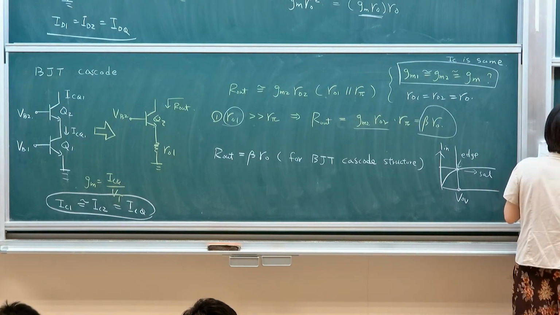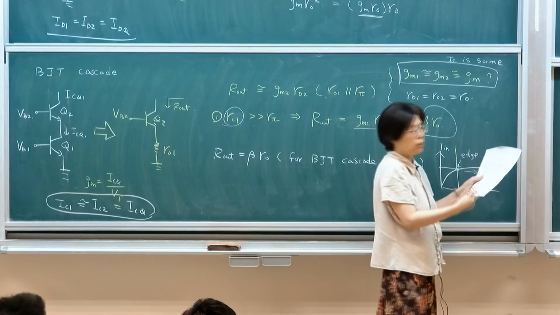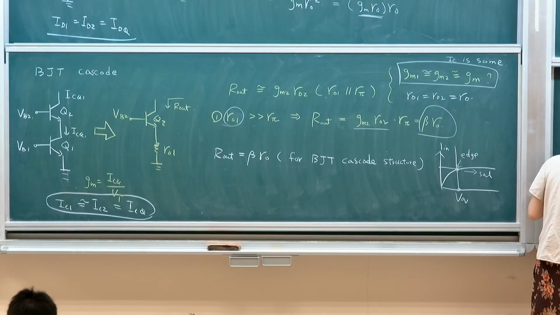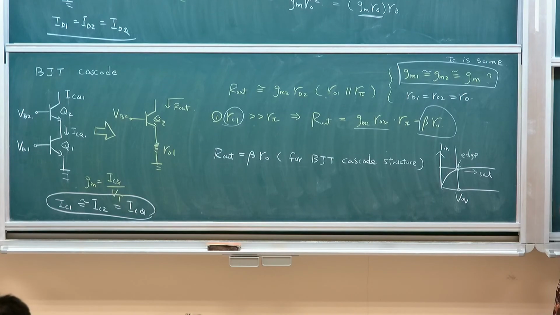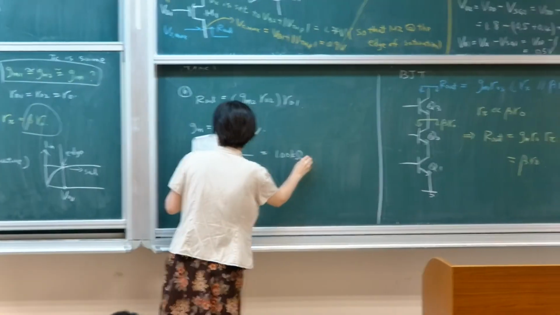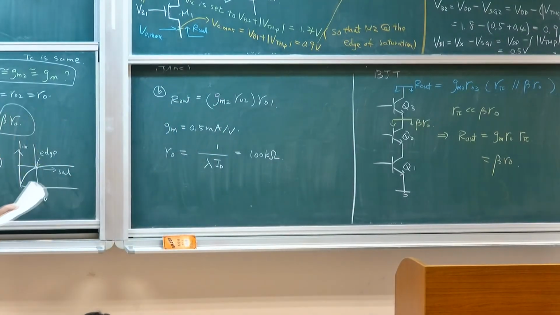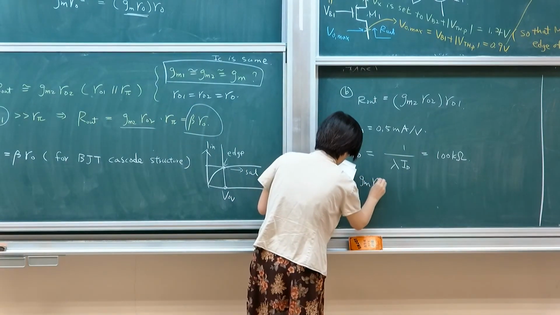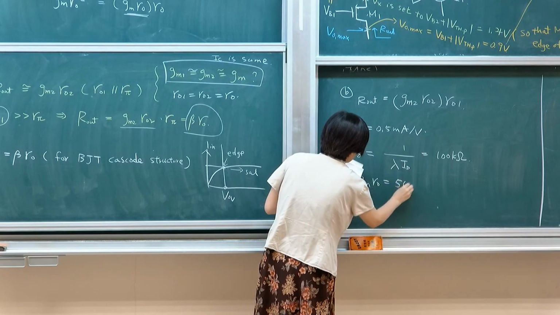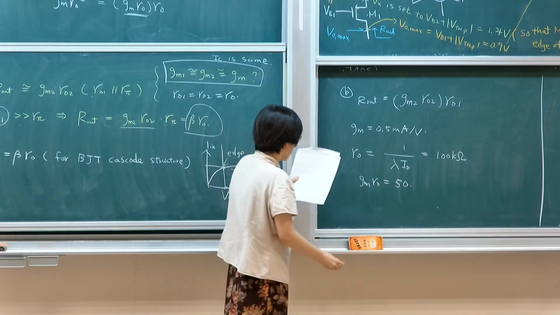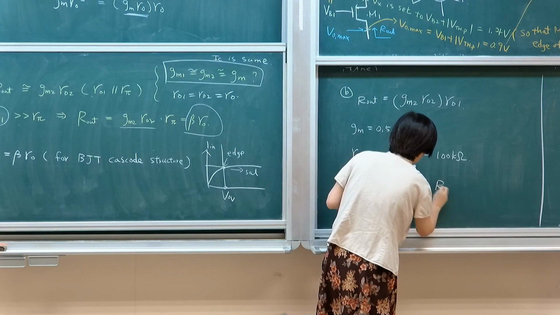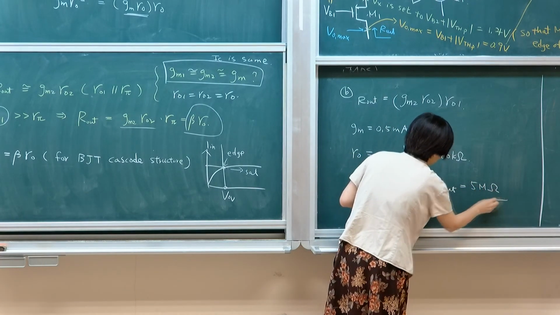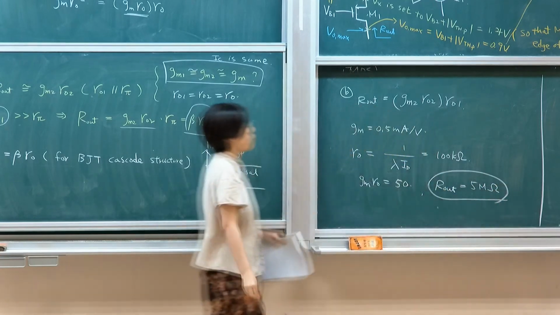We know that RO, there's only one RO, they're the same because they're the same current, lambda ID. So this is 100K. So once we have these numbers, we can find out that gm RO equals 50. Get it right? Therefore, your Rout is 5 megaohm. Okay?